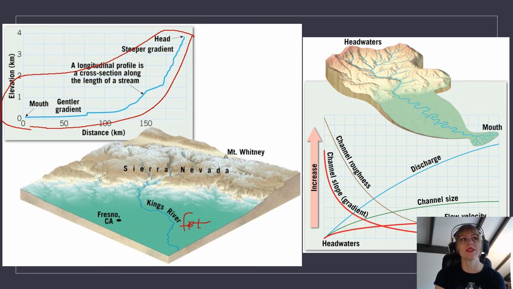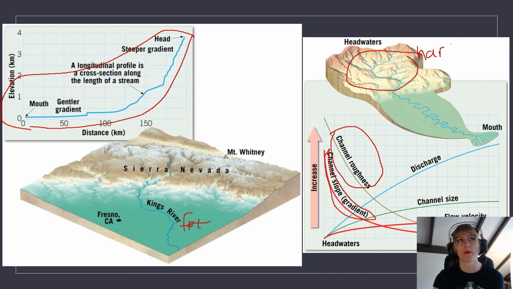So as it leaves the headwaters, its discharge increases, its channel size will increase slowly, and its flow velocity will increase as well. But channel slope, that's how steep it is, will decrease, just as channel roughness decreases and it becomes smoother. And that's because up here you're going to have all hard rock or bedrock, and down here it gets very soft.